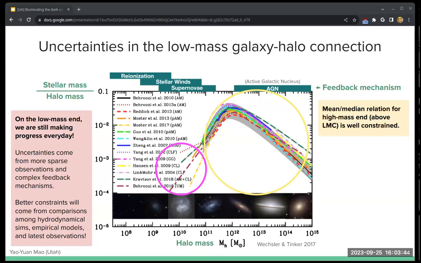You can see it's a typical scatter, but that is a statistical scatter. And then there's a systematic scatter between different lines. If you combine both of those, it still gives you about 1 dex, so like a full factor of 10 uncertainty, if you want to say even within 2 sigma. So it's a pretty large scatter.